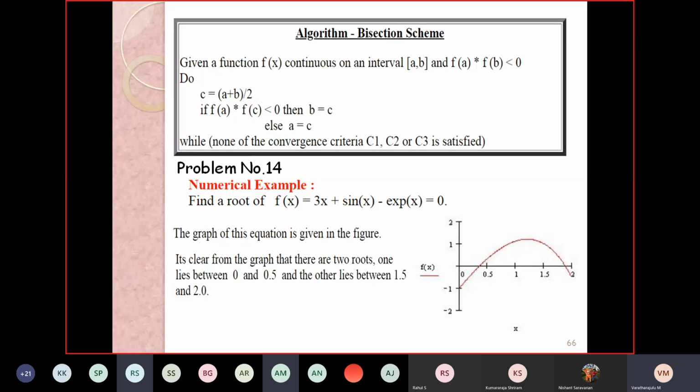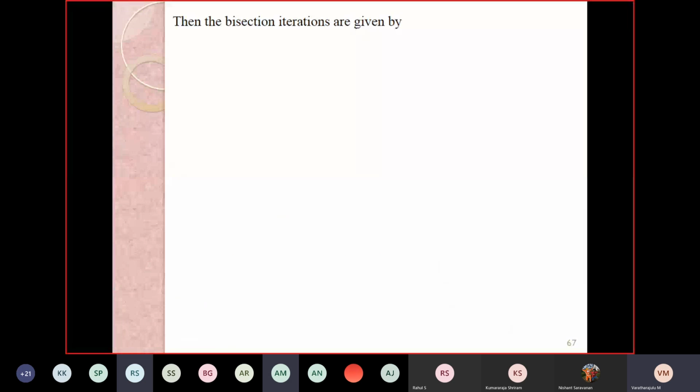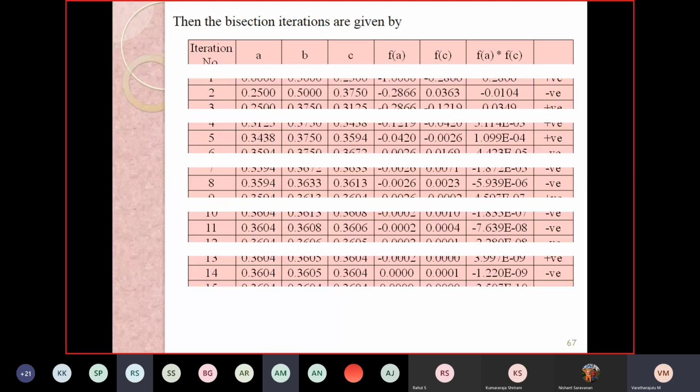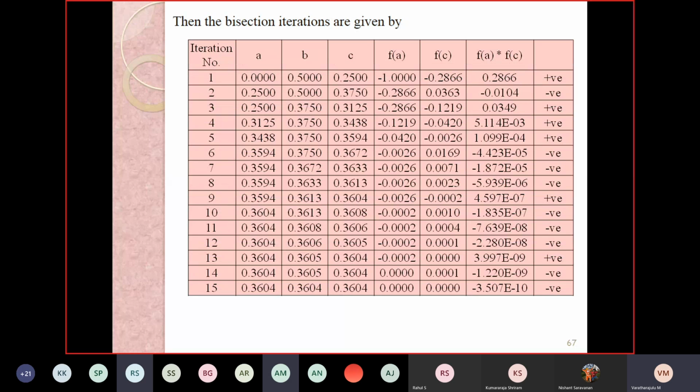And we have to find various aspects of the given problem. Here a, b, and c, I have solved the problem with the aid of Excel. But you have to solve it till the fifth or sixth iteration manually.